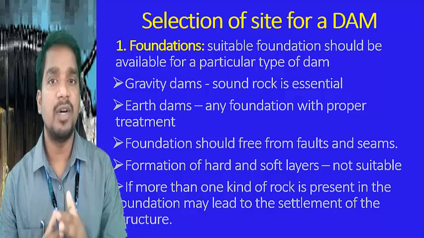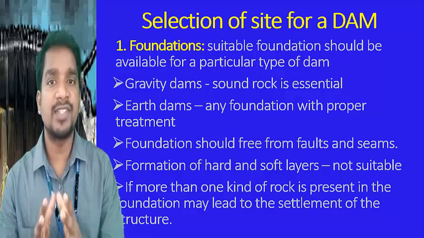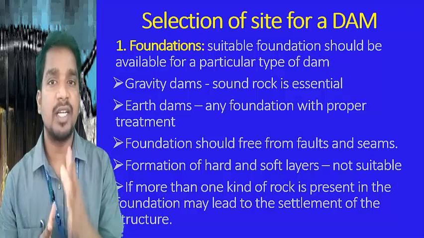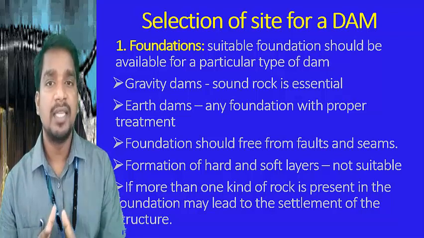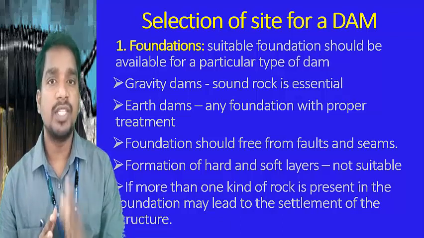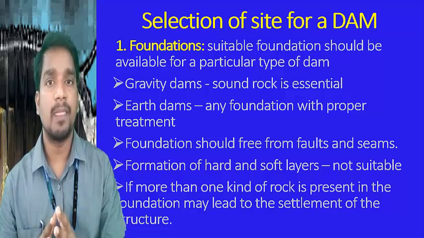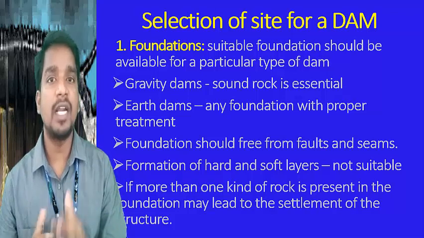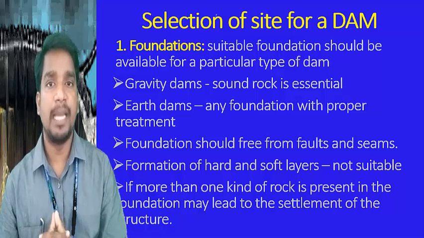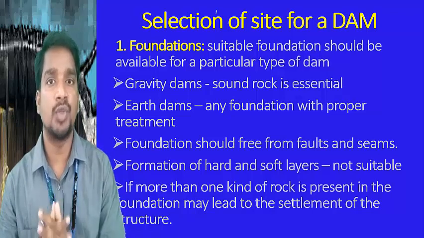If the dam is constructed under these conditions, there may be a chance of settlement of the dam, which is not at all suggested. So having alternate different layers is not suitable for the construction of a dam, and such foundations are not suitable.